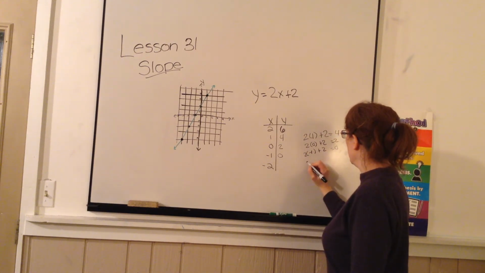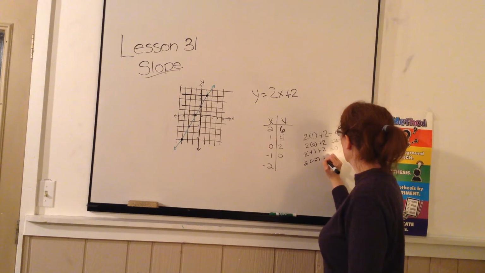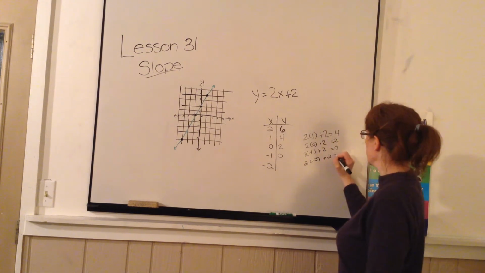Then 2 times negative 2 plus 2, that's negative 4 plus 2 is negative 2.